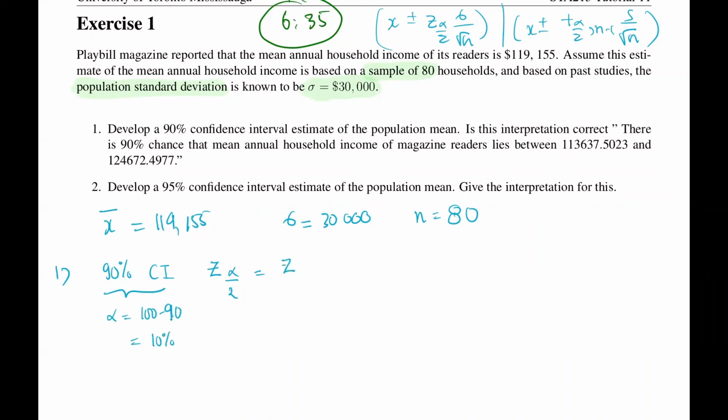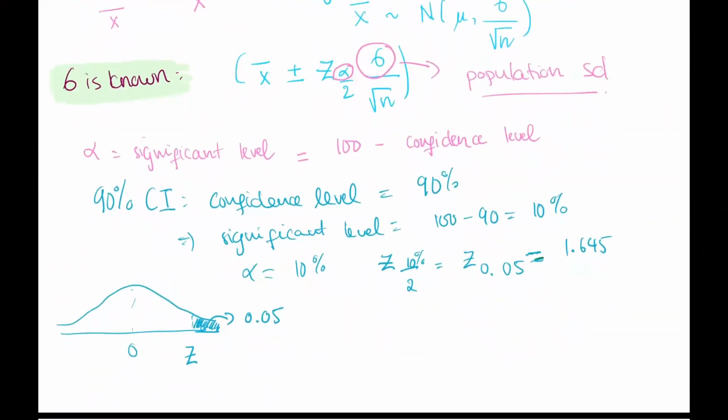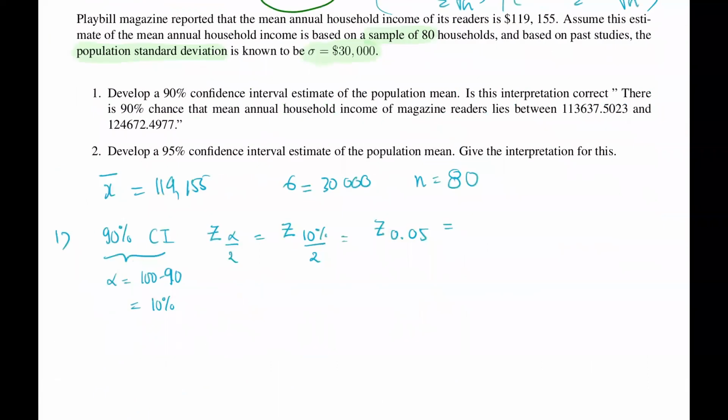So we will need to find z of 10% divided by 2, which is z of 0.05. And I think we found it before: 1.645. We found it here. 1.645.